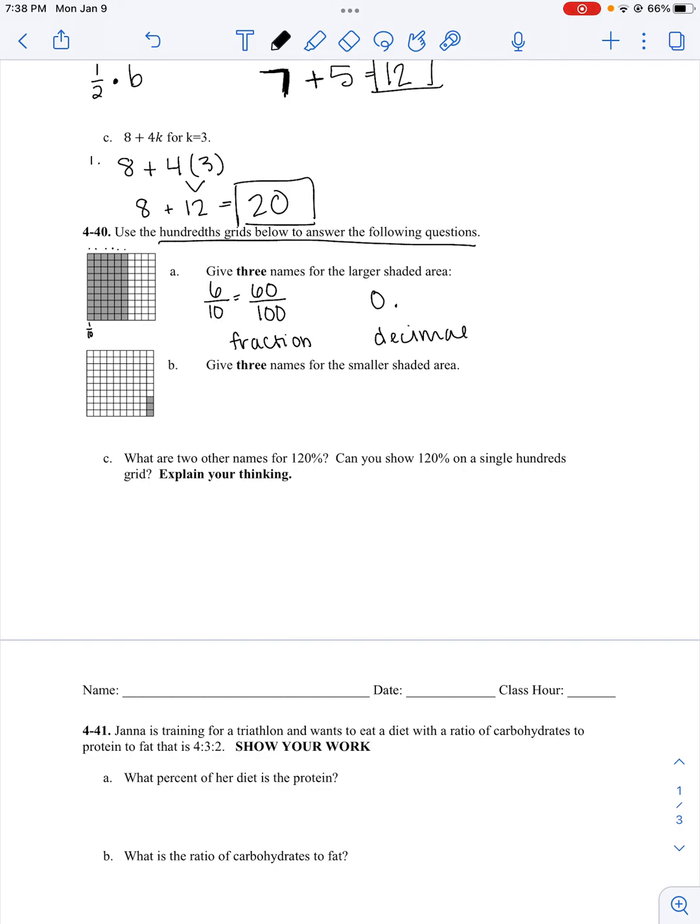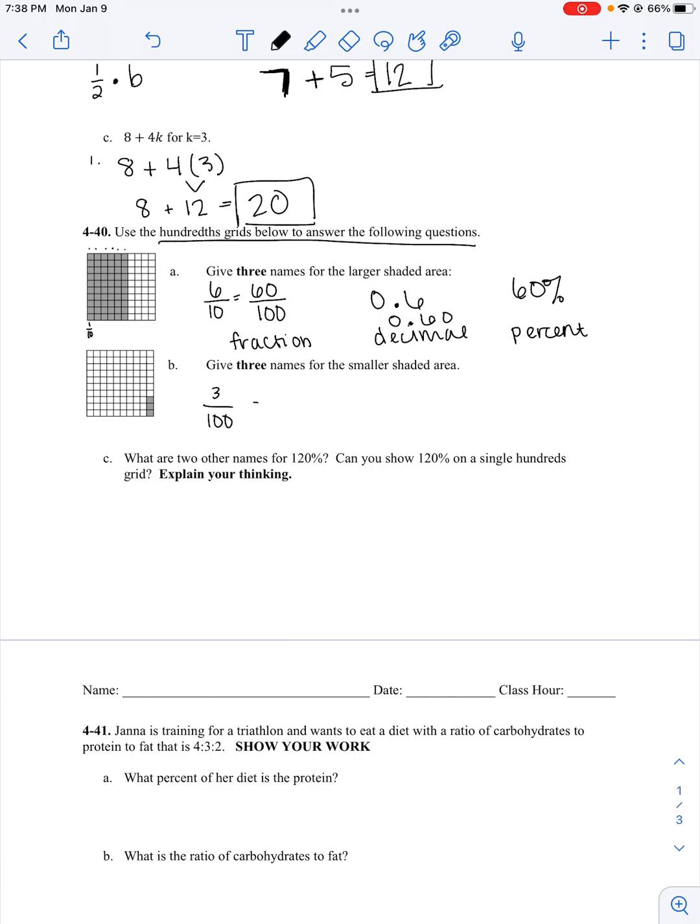My decimal would be 0.6, or I could write 0.60. And my percent is 60%. Okay, for part B, I'm looking at the smaller shaded area.